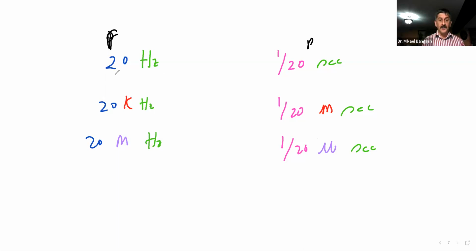You can say 20 multiplied by 1/20. What does that give you? That's 1. You can say 20,000, because that's what 20K would mean, multiplied by 1/20,000.